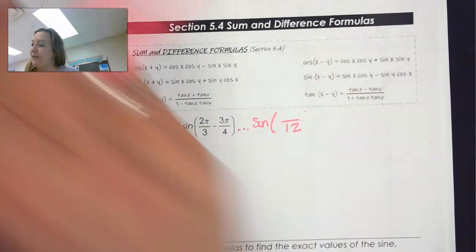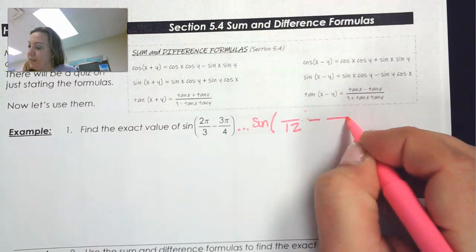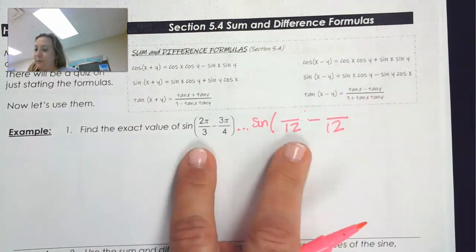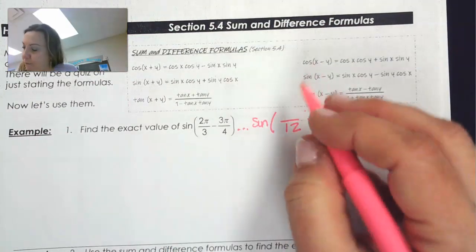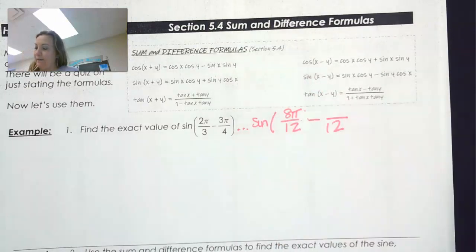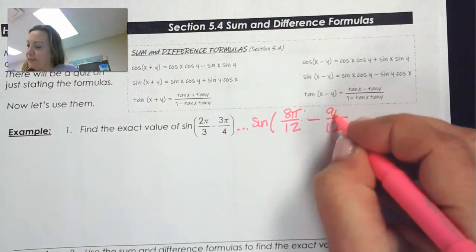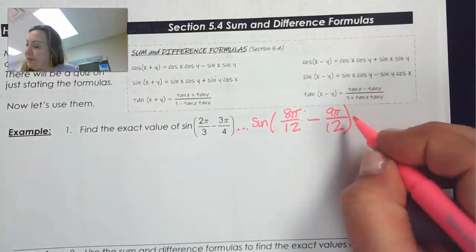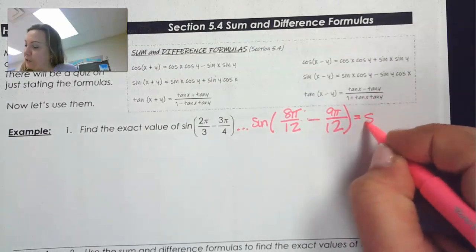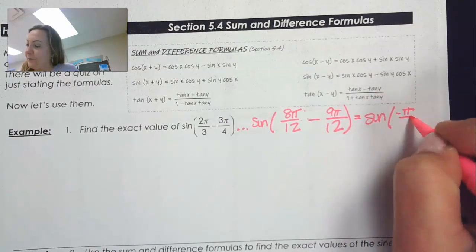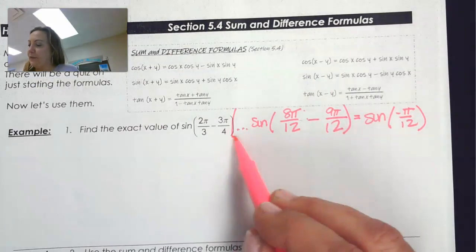You'd want a common denominator of 12. And what we end up with here is multiplied by 4, so this is 8 pi 12ths, multiplied by 3, so this is 9 pi 12ths. And notice that this is really asking us to evaluate the sine of negative pi 12ths, okay?